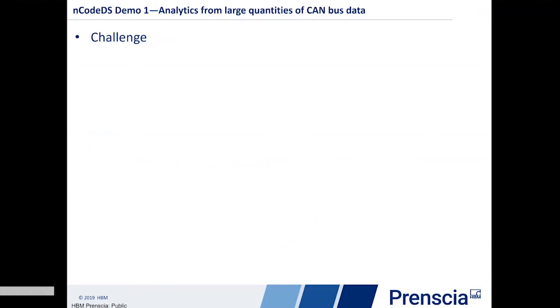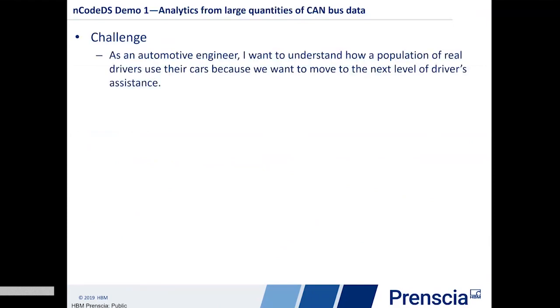So say I'm an automotive engineer now, and I want to understand how a population of drivers, of users of my cars, use their cars in real situations, because we want to move to the next level of driver assistance systems, right? The ADAS. Where more and more of the usual things are no longer manual but made automatic in your car, right?